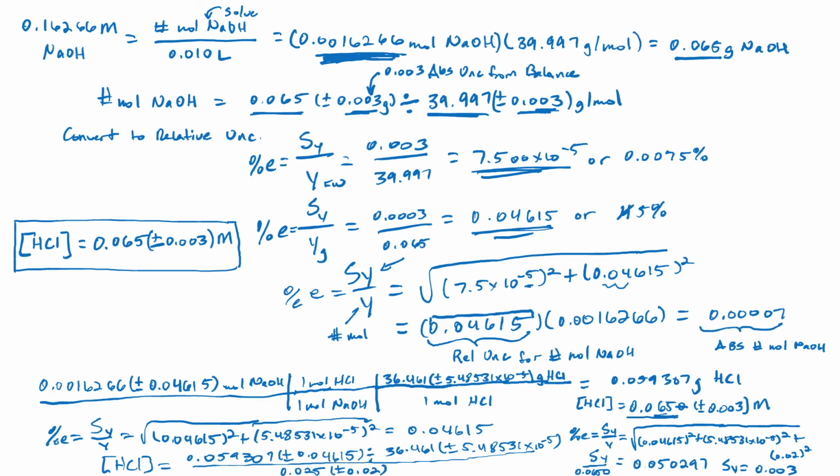So just remember to study both of those. But then also remember your statistical tests too, like the F test, the T test, and then the Grubbs test. And you should be good to go for the test on Monday, and also for your lab. If you have any questions, let me know, and I'll see you on Monday.